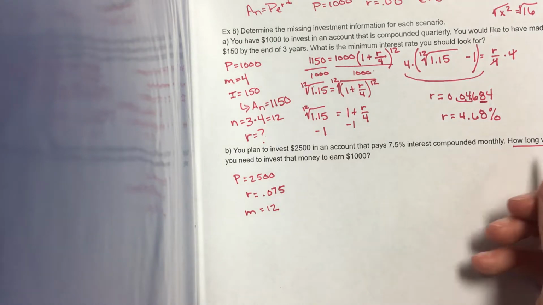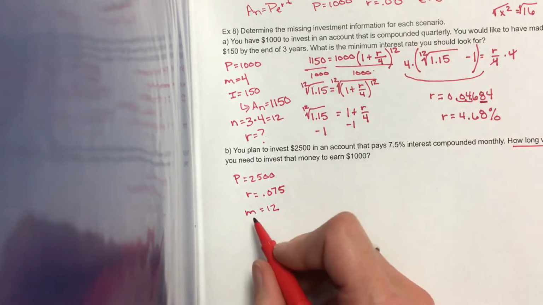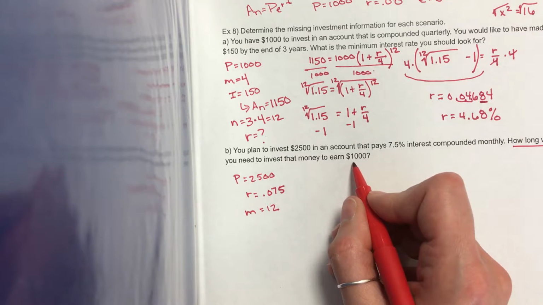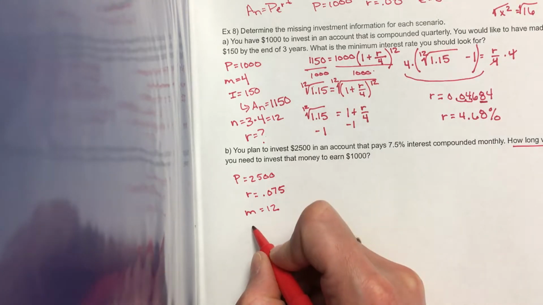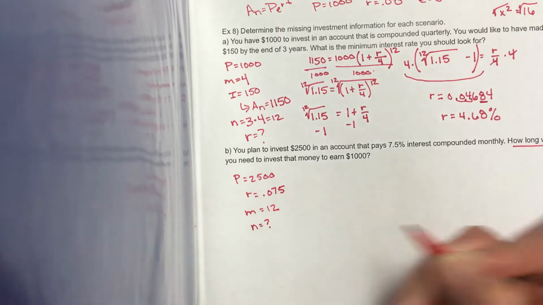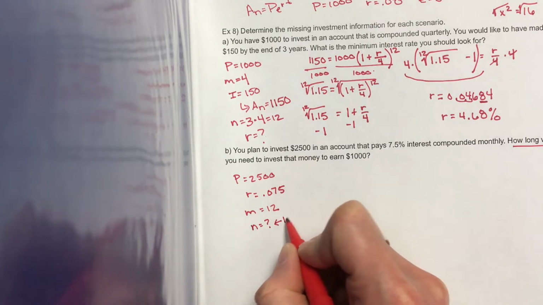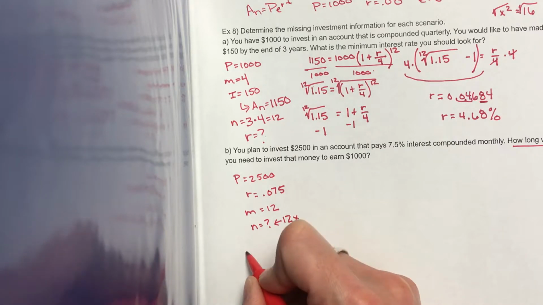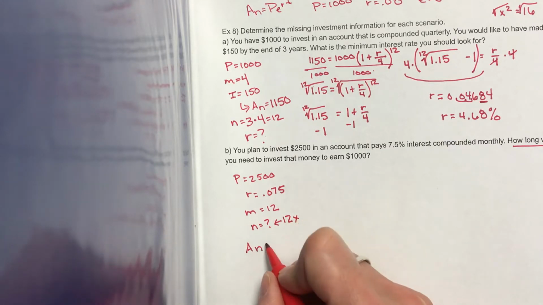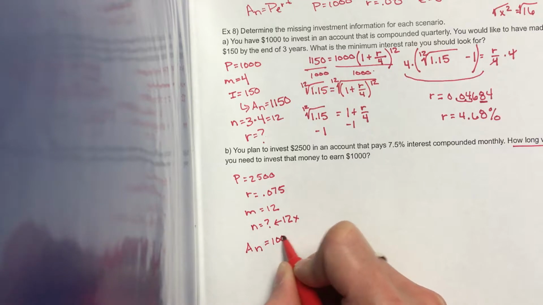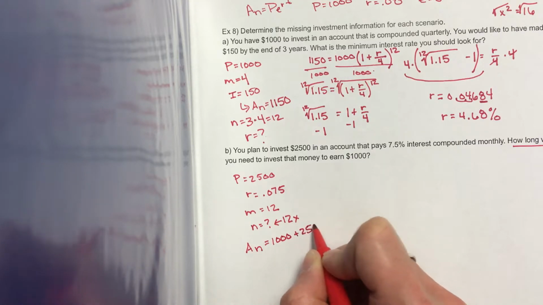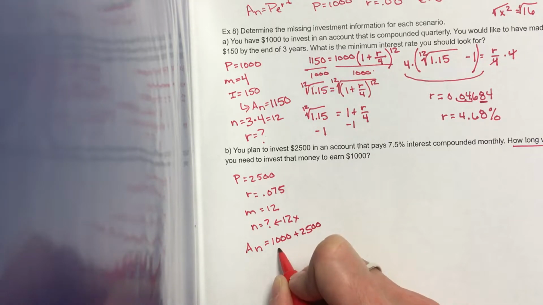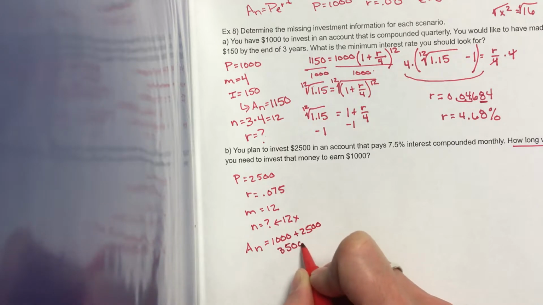And I want to know how long I should leave this money there so that I can earn $1,000. So I don't know my N. I know that it's going to be 12 times something. And what I do know then is my accumulated amount, which will be 1,000 plus 2,500. So accumulated amount of 3,500.